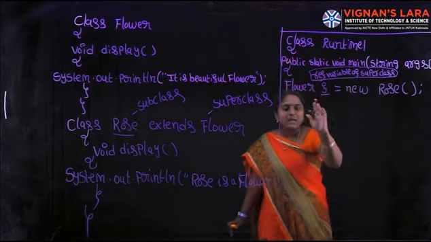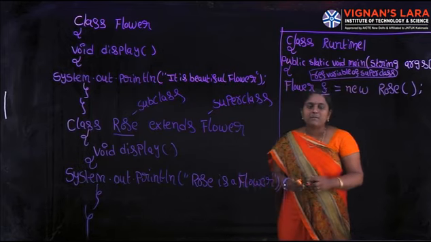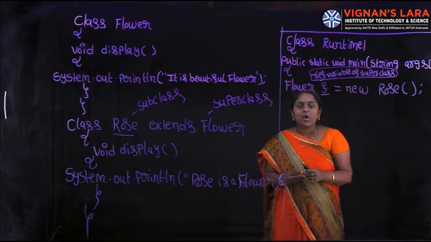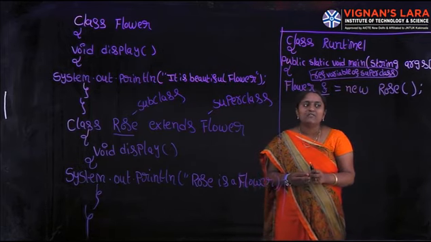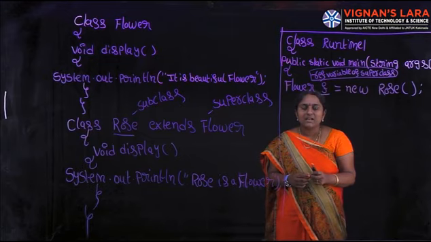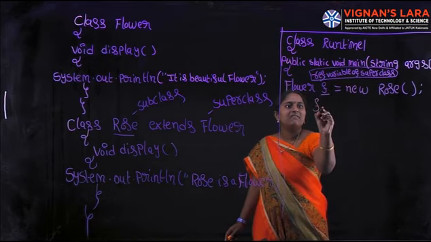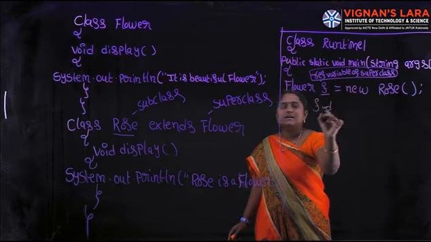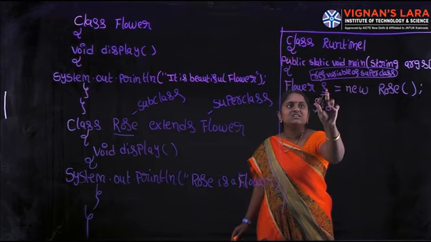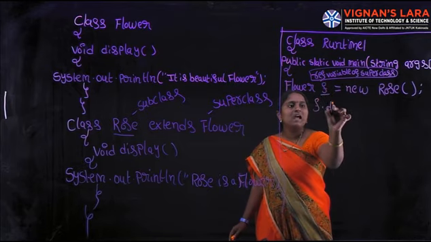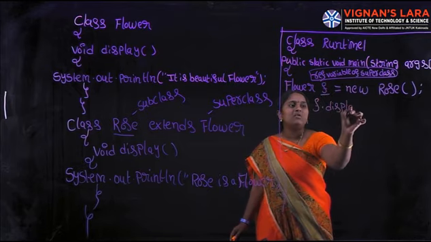Okay, so at the time of compilation, the compiler always concentrates on the reference type. Here our reference type is f. With the help of this reference, I am calling the overridden method.